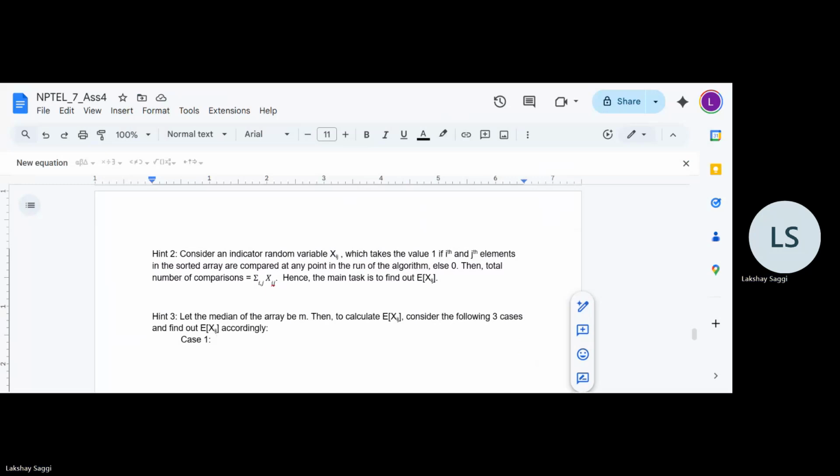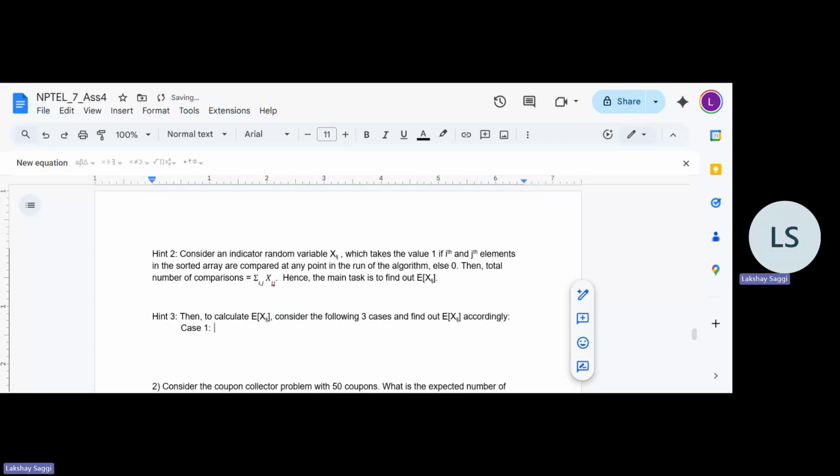Let the median be the m-th element. So there will be three cases, and we need to deal with them separately.